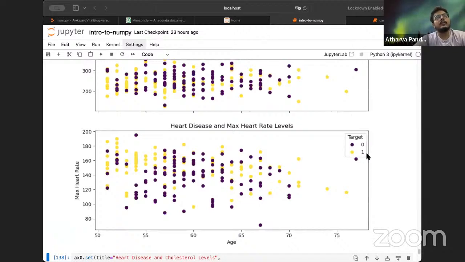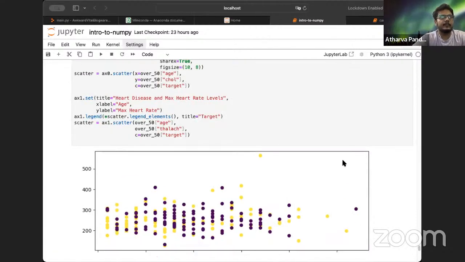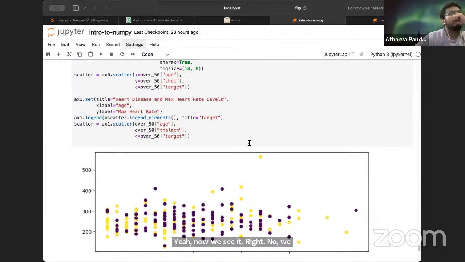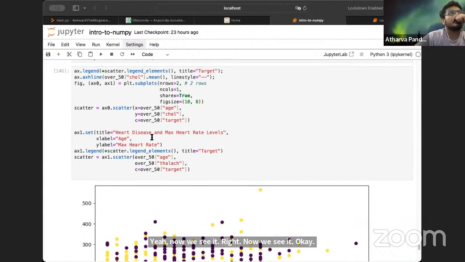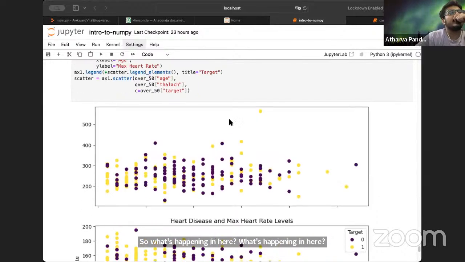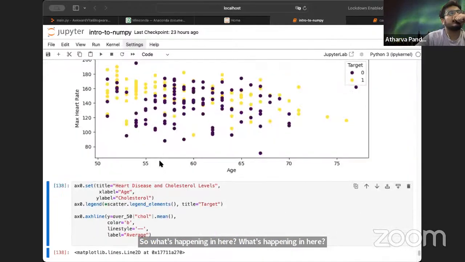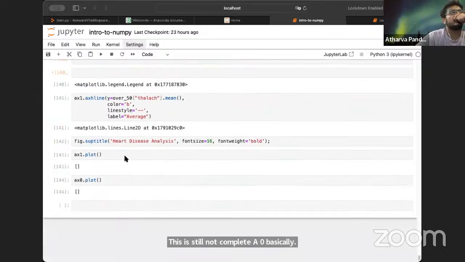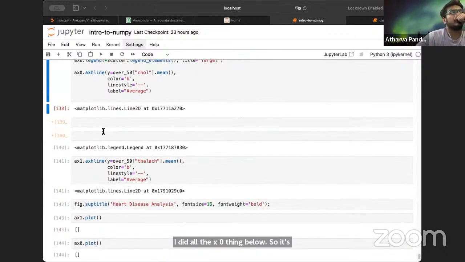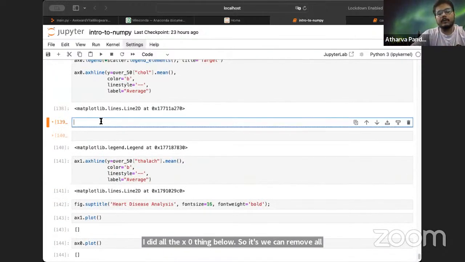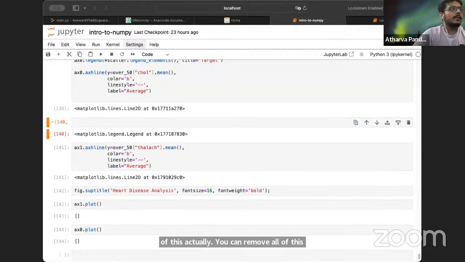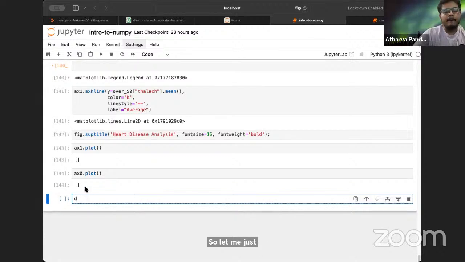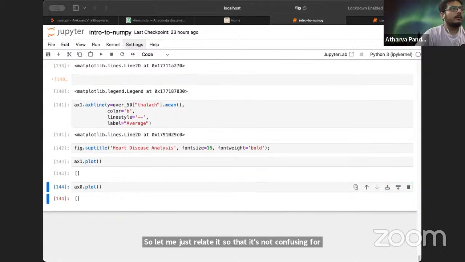Yeah, now we see it. Right. Now we see it. So what's happening in here? This is still not complete. AX0, basically, I did all the AX0 thing below. So we can remove all of this. So let me just delete it so that it's not confusing for you guys.